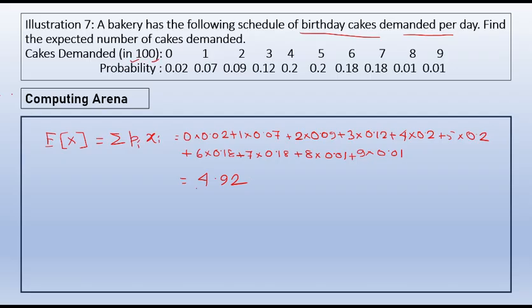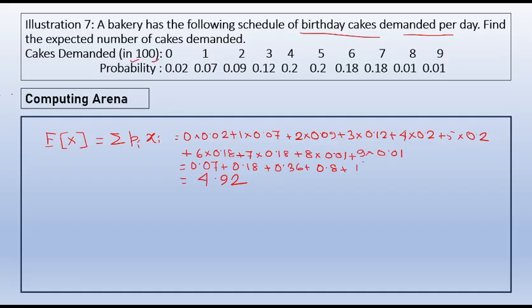Okay, 4.92. If you want to see the details: the first term is not contributing anything. The second part is multiplied by 1, so it's the same 0.07. Third part is 0.18. Fourth part is 0.36. Fifth part is 0.8.